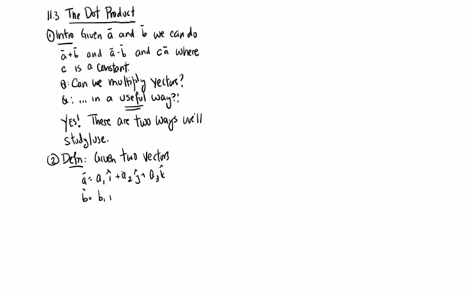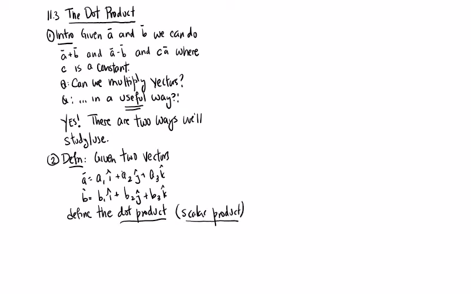B will be B1 i plus B2 j plus B3 k. We'll define the dot product. This is also known as the scalar product. Either of those terms is fine.